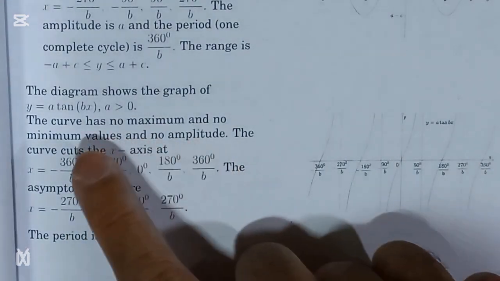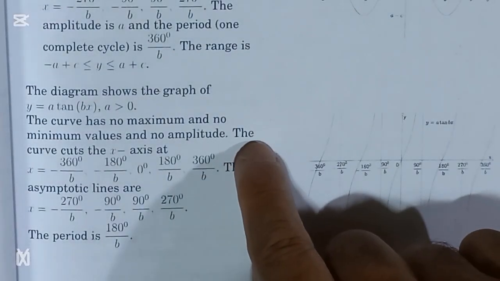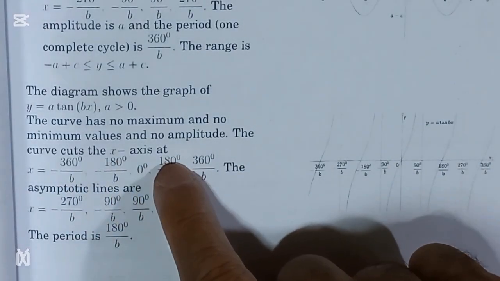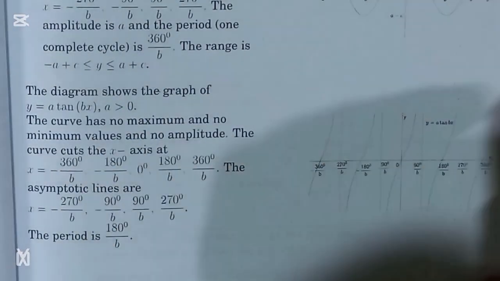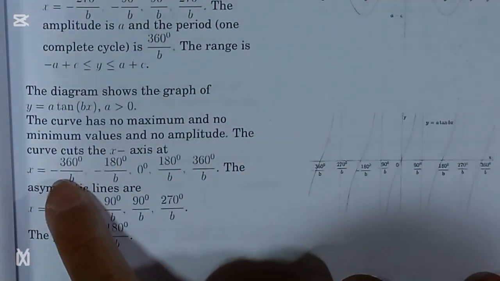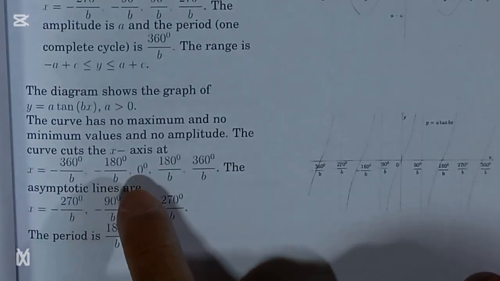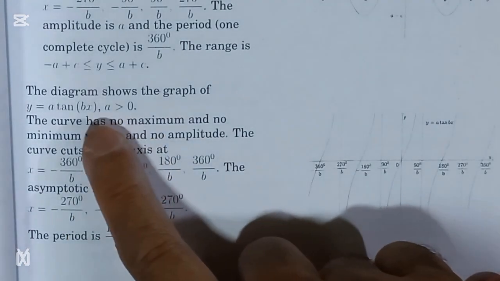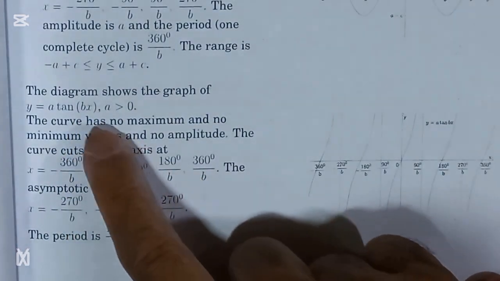This same line is written here in this graph as well. Next thing, the curve cuts the x-axis at, in the tan x graph, the x-axis was cut at −360, −180, 0, 180 and 360. So the only difference in this graph of y = A tan bx will be to divide these values by b.